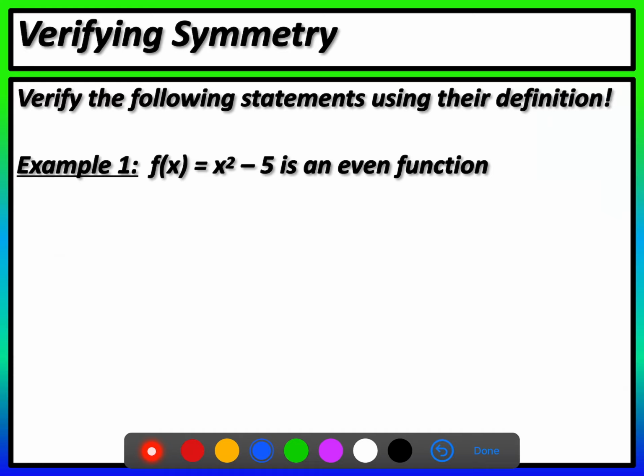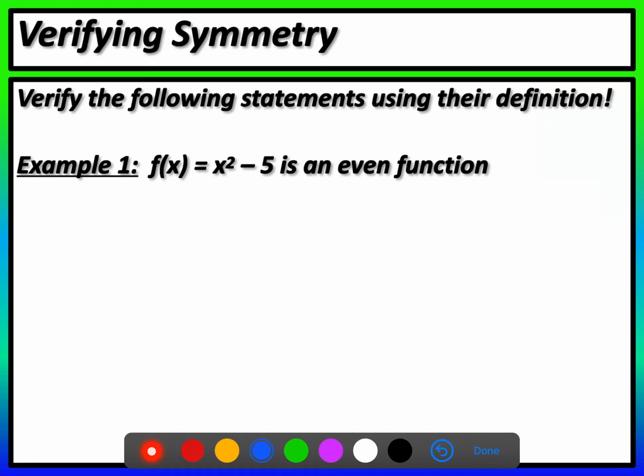So you may have to do all 3 before you come up with an answer, because maybe it's the 3rd option that you try and you wouldn't know that just by testing even and odd. But just so that we can get the process under our belt here, we're going to say prove that this function is even.